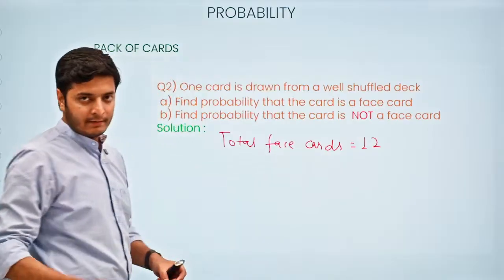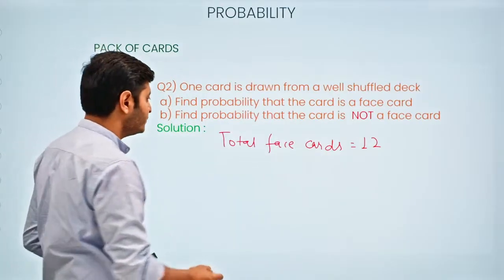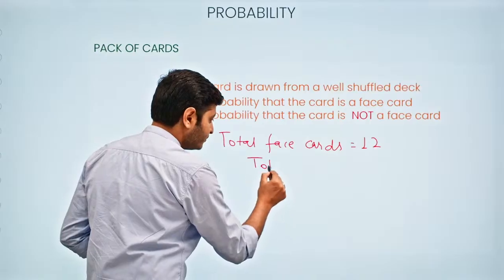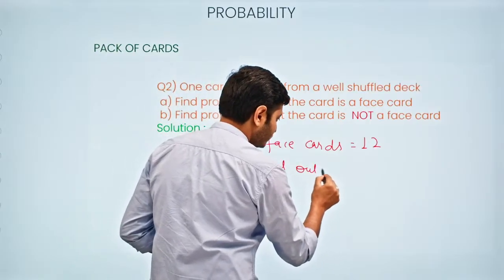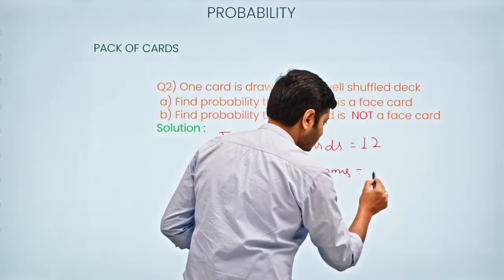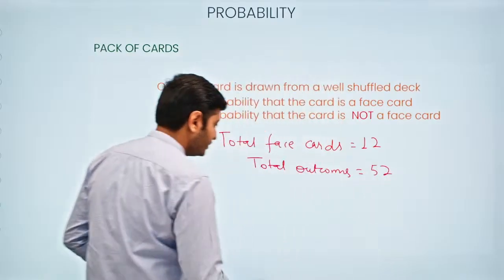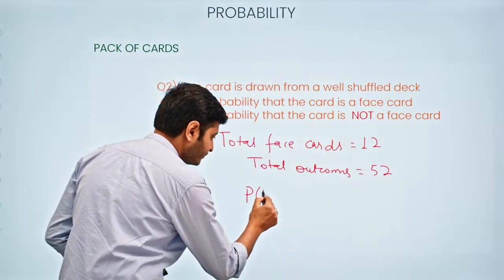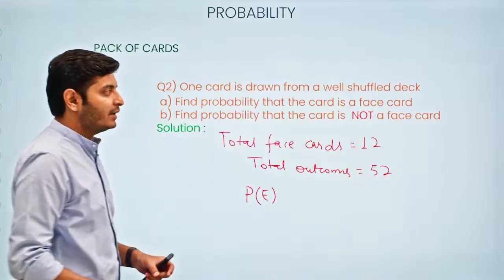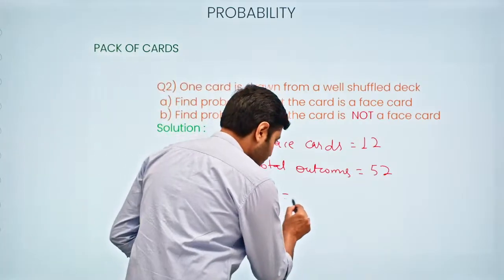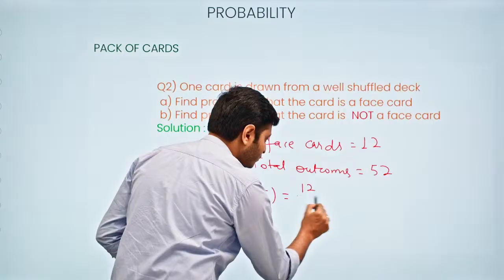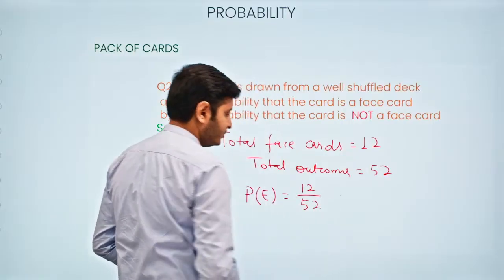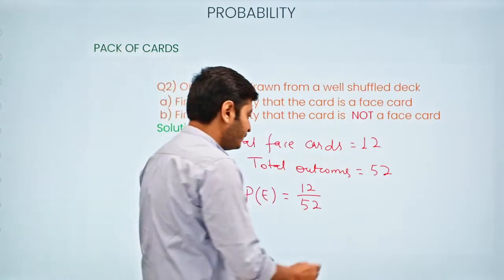So this is also the total number of favorable outcomes, and total outcomes is equal to 52. Then the probability of getting a face card is the total number of favorable outcomes divided by the total number of outcomes, that is 12 by 52.